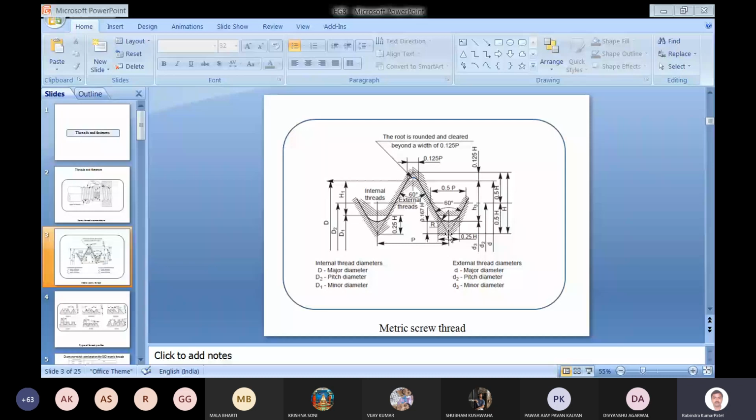Between this we call it capital H. In terms of H, we have mentioned many dimensions, and others are in terms of pitch. So this is related to a thread in mesh. Mesh in the sense that two threads are engaged, meaning one is external thread and the other is internal thread.